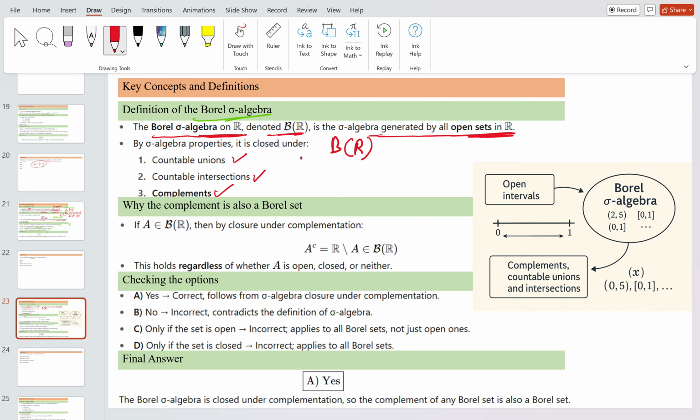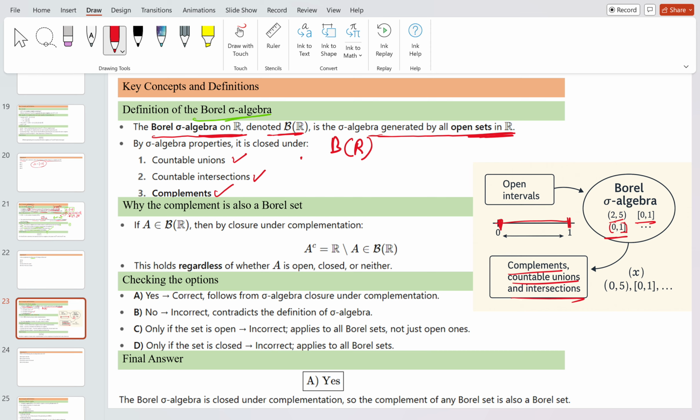Why is the complement also a Borel set? Borel set means, if you see the open interval 0 to 1, and here you have the closed and here the open, the complements, countable unions and their intersections are called Borel sets.